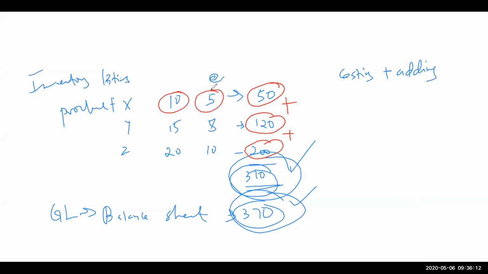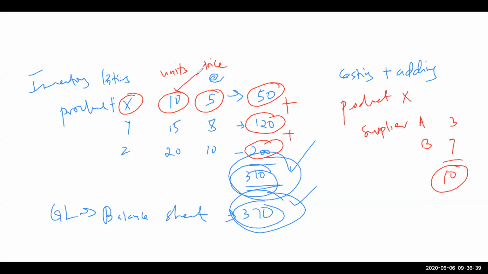You can take a sample of product X. We made purchases of product X from supplier A, just as an example, who supplied us with these units at this price per unit. So we bought 3 items from supplier A. From supplier B, we bought 7 items, to give us the 10 items. This 10 is the 10 we have here.